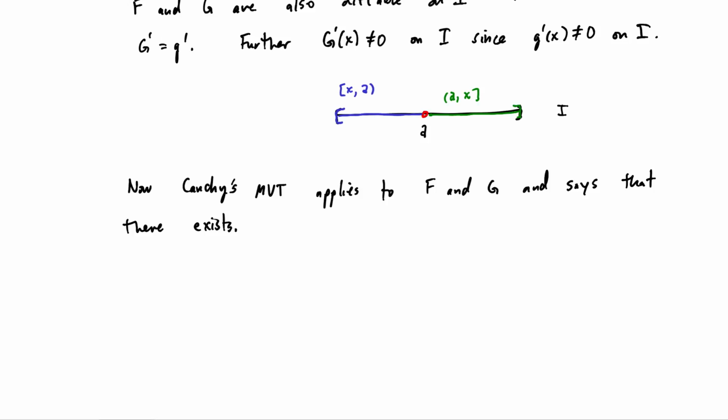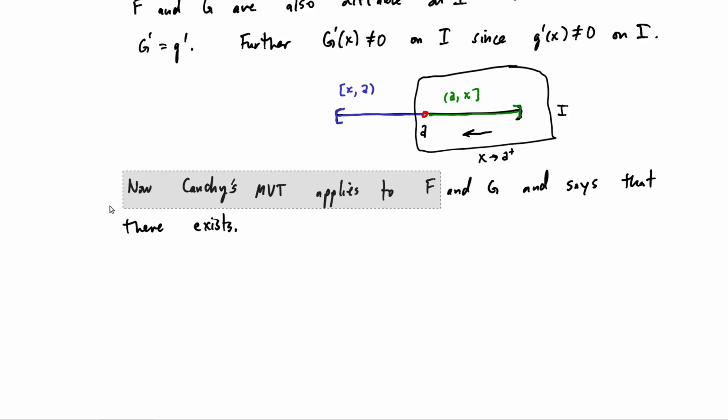And what we're going to do now is take a one-sided limit. So let's focus on this green side right here. So on the green side, we're going to take the limit as x approaches a from the right. Okay? So what does that mean? I'm going to delete some of what I wrote here and fix it.